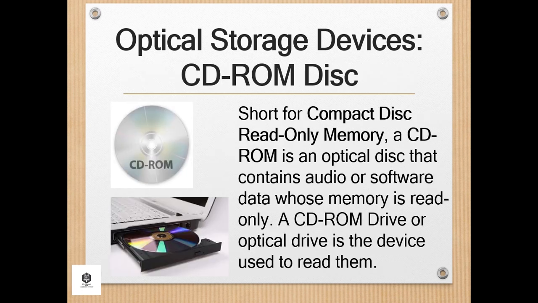CD-ROM disc, short for compact disc read-only memory. A CD-ROM is an optical disc that contains audio or software data whose memory is read-only. A CD-ROM drive or optical drive is the device used to read them.